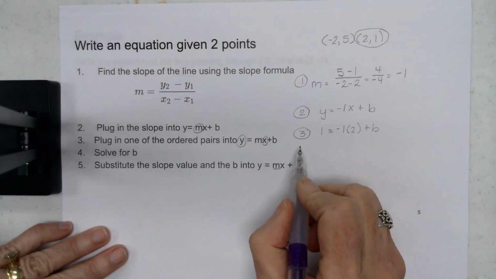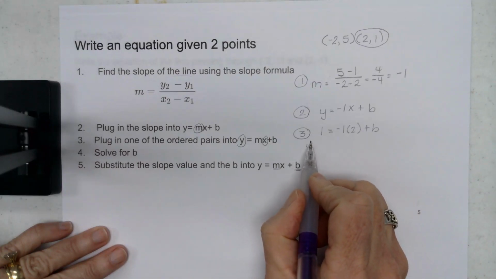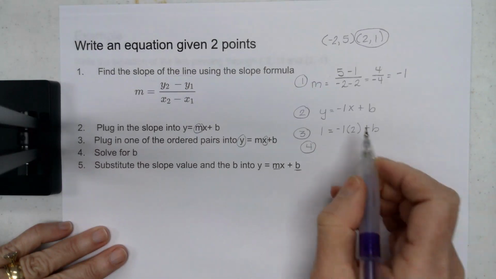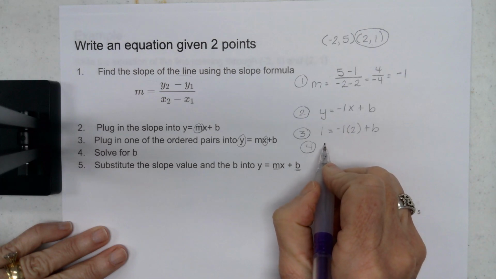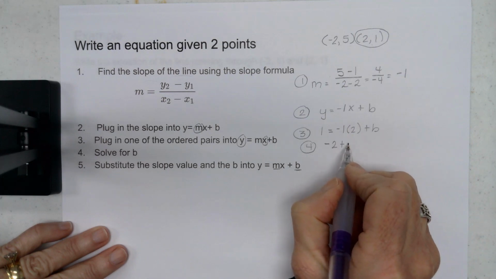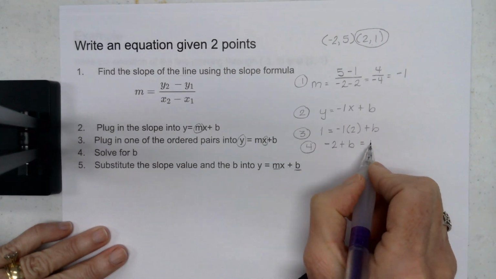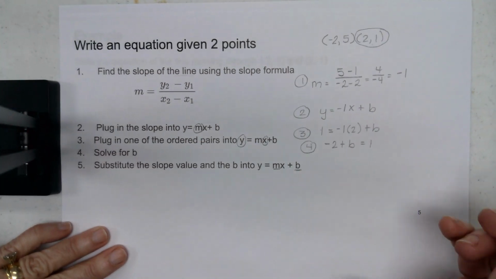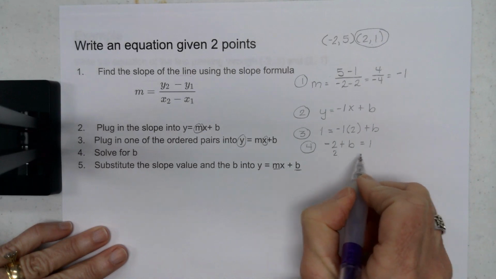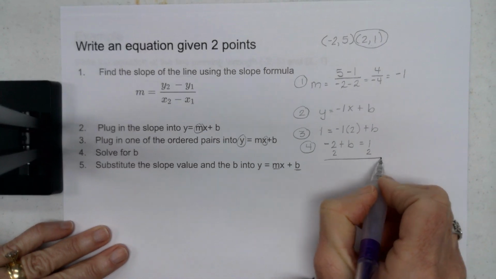Then step 4, I'm going to solve this equation for my b. I'm going to switch sides, so I have -2 + b. I did this so that my variable is on the left-hand side. I'm going to add 2 to both sides.